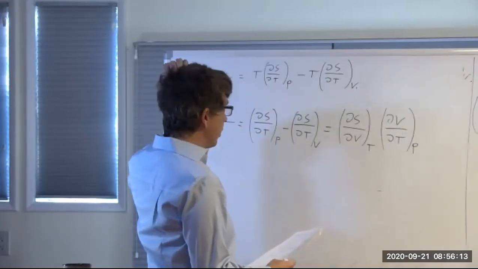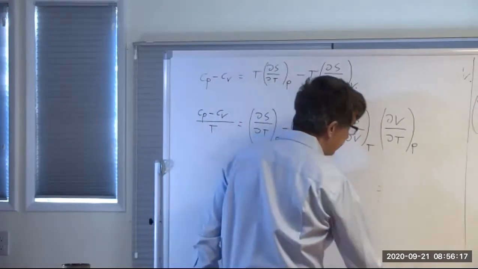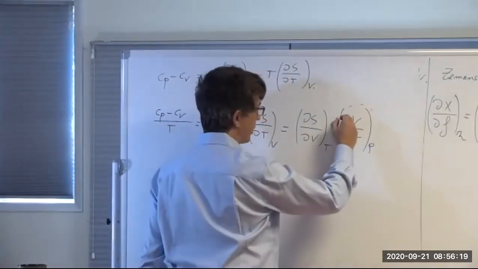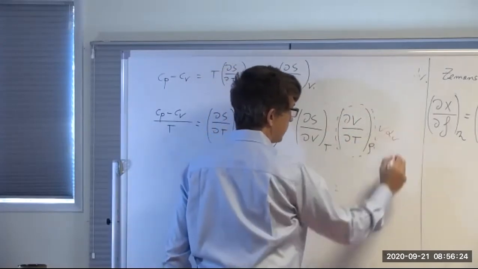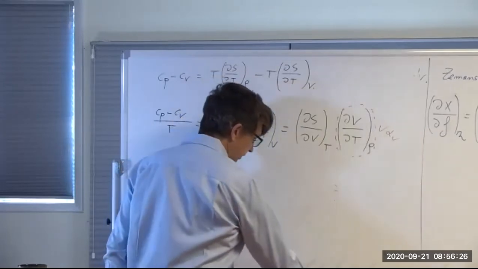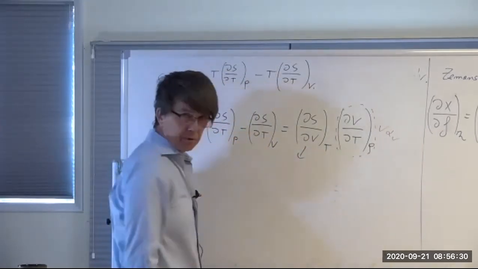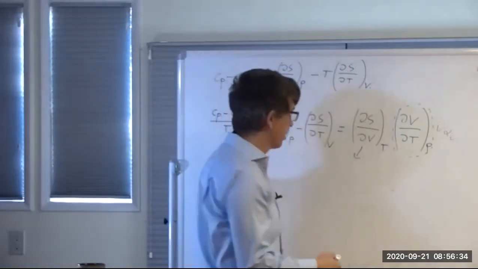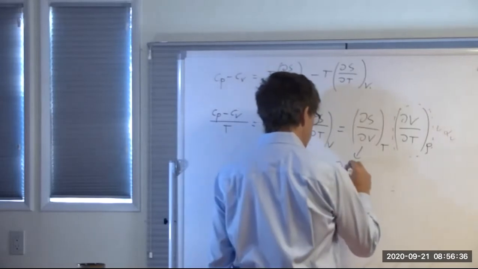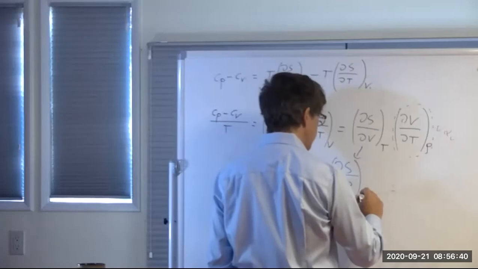Okay, so what is this equal to? This here is going to be easy, right? Obviously a thermal expansion is showing up here. Right, there's going to be V alpha V here. And what do we do with this? Again, this is Maxwell bait, but remember what I said, you're taking the derivative of entropy with respect to an extensive variable. It's much easier if you use the chain rule on that and you turn that into the intensive variable.